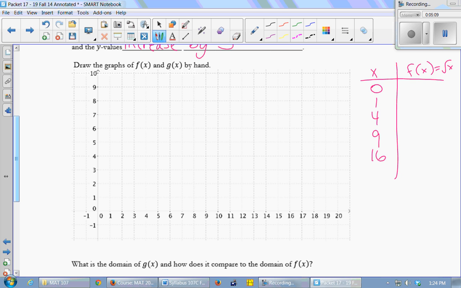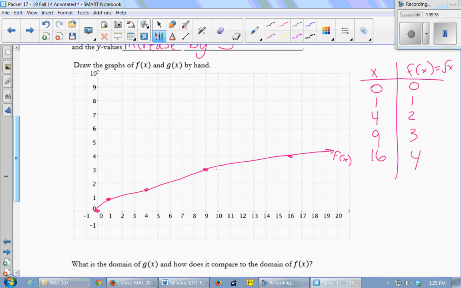And when I square root them, I get 0, 1, 2, 3, 4. So 0, 0; 1, 1; 4, 2; 9, 3; and 16, 4. Yeah. So there's my graph of f of x.